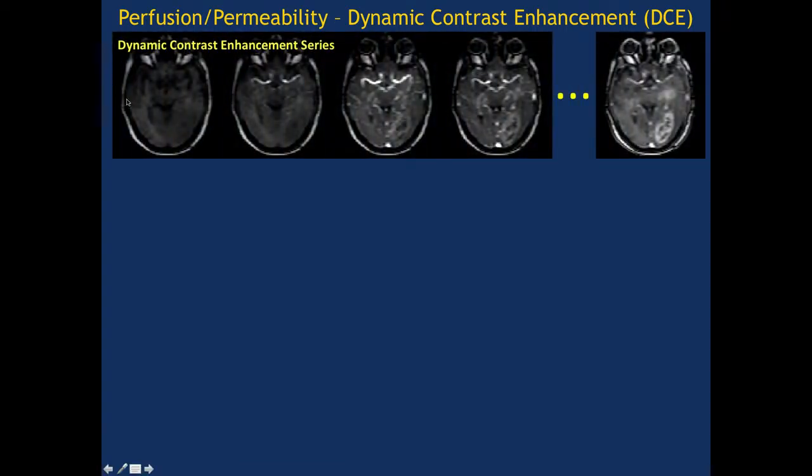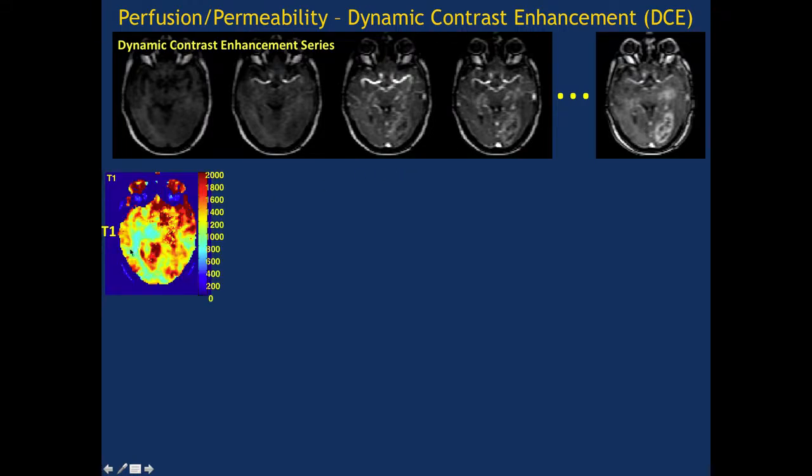It's a dynamic scan. Usually we scan the entire brain. I'm just showing you one slice, and every few seconds, maybe 10 to 15 seconds or so, you'll get another stack of images through the brain, and you can see as we're injecting the contrast, the tissue is changing. We measure T1. This is one of the instances where we do want to quantify T1.